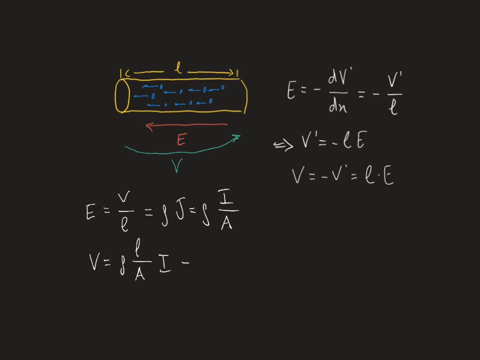Okay, so we can rewrite this last expression as the resistance times the current, where the resistance is given by the resistivity times the length of the wire divided by the area of the section of the wire.